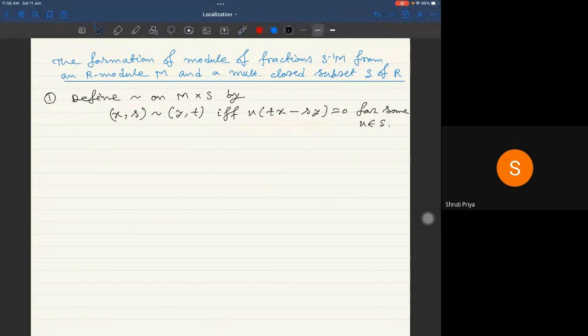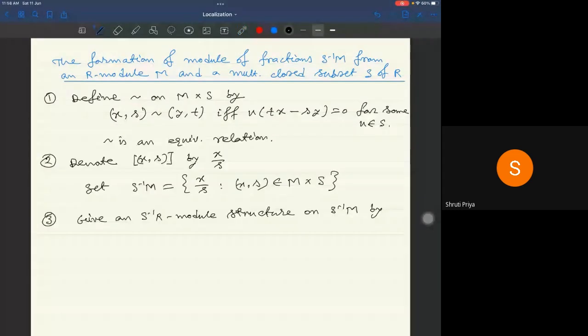Now you can give an S inverse R module structure on S inverse M by defining, of course, the addition in this obvious way: x by s plus y by t equals (t times x plus s times y) by s t. So x and y are elements of M, and you are multiplying them with the scalars t and s, which are coming from R. So it makes sense: this is an element of M, and in the denominator you have s times t.